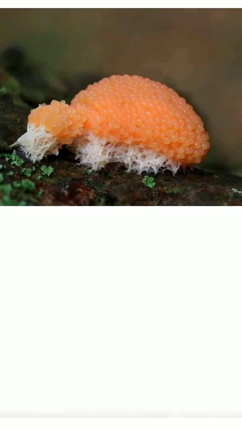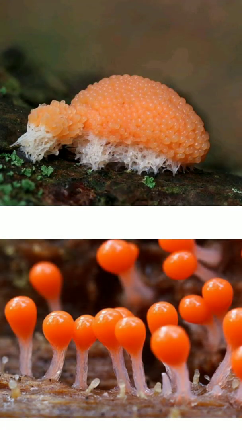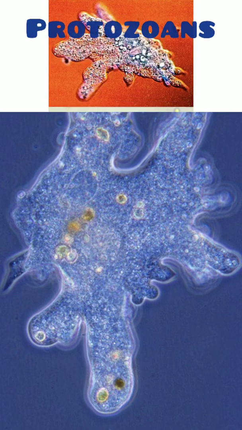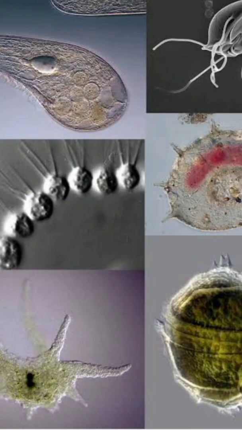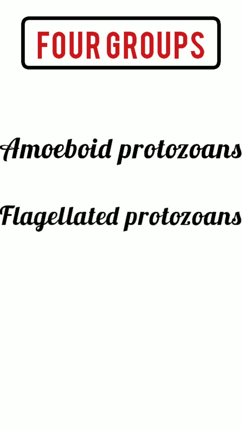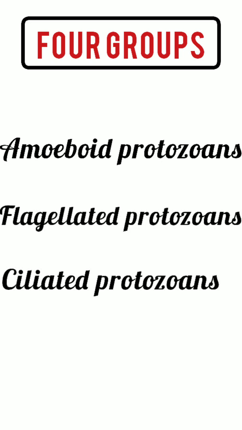Under suitable conditions, the cells will aggregate and a complex structure is formed called plasmodium. Protozoans. They are heterotrophs. They live as parasites or predators. 4 groups of protozoans are amoeboid protozoans, flagellated protozoans, ciliated protozoans, and sporozoans.